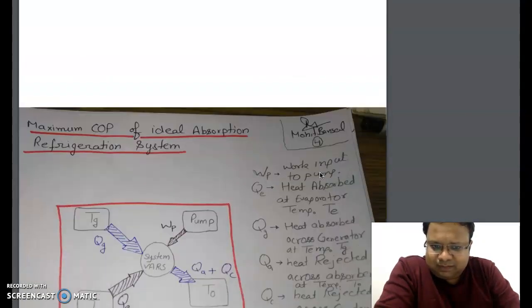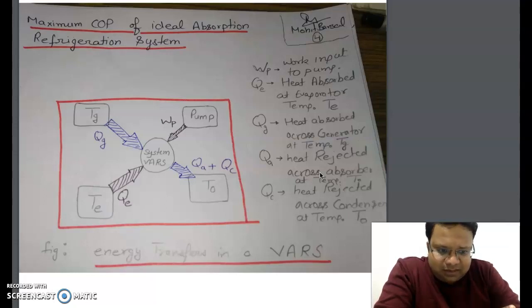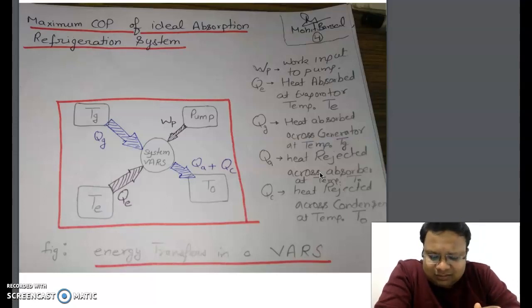Now moving further, the next major part of this lecture series would be to calculate the maximum COP of an ideal absorption refrigeration system. When we studied the vapor compression refrigeration system, we calculated the Carnot COP of VCRS systems, and we saw that Carnot systems run between two temperature limits: one is the condenser temperature and the other is the evaporator temperature.